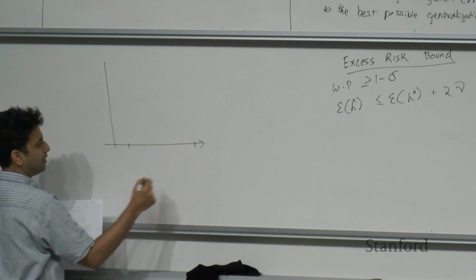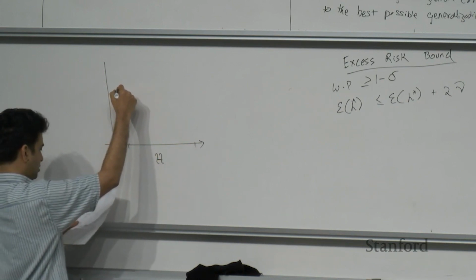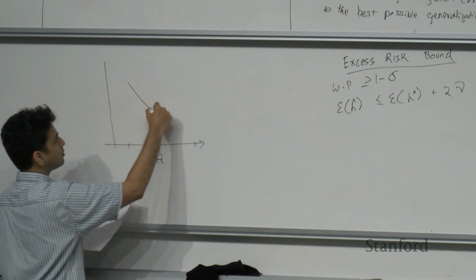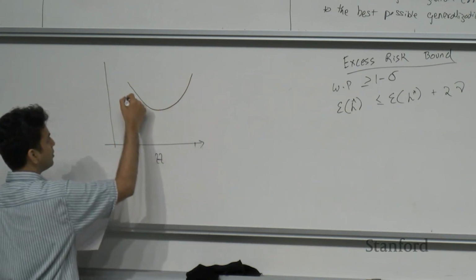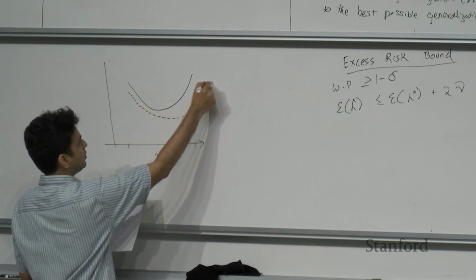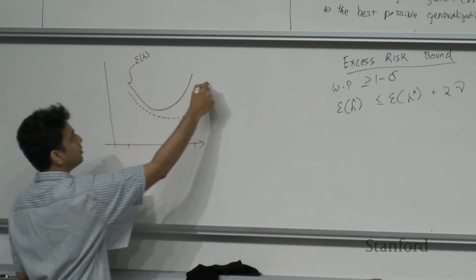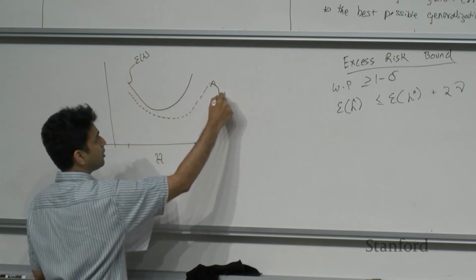If this is our region of interest, and let's say this is the true risk, and this is the empirical risk. So this is epsilon of h, this is epsilon hat of h.